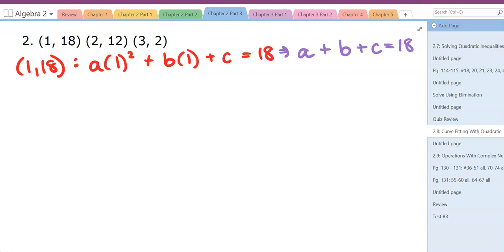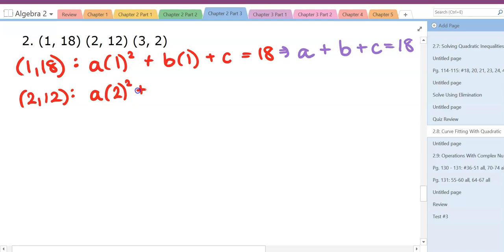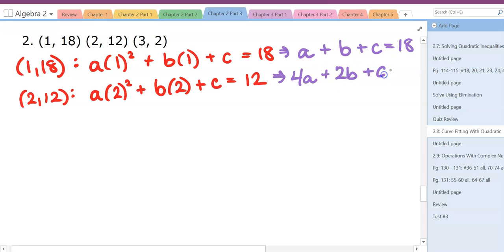For the second equation, we've got 2, 12. We're going to do a times 2 squared plus b times 2 plus c equals 12. 2 squared is 4, so you have 4a plus 2b plus c equals 12.